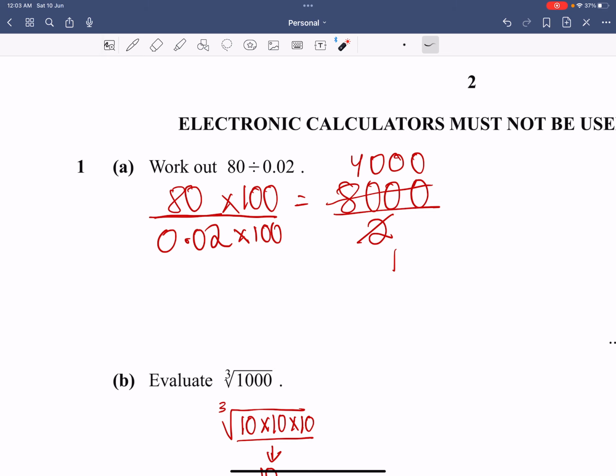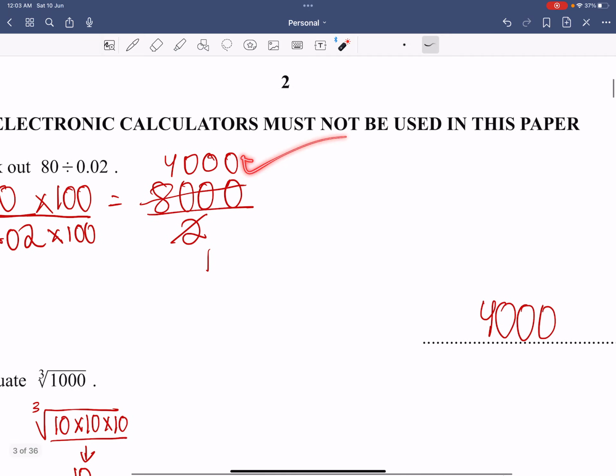So I multiplied 100 over here and 100 over here, which results in this becoming 2 and this becoming 8,000. And when I obviously divided, I got 4,000, and that is your answer.